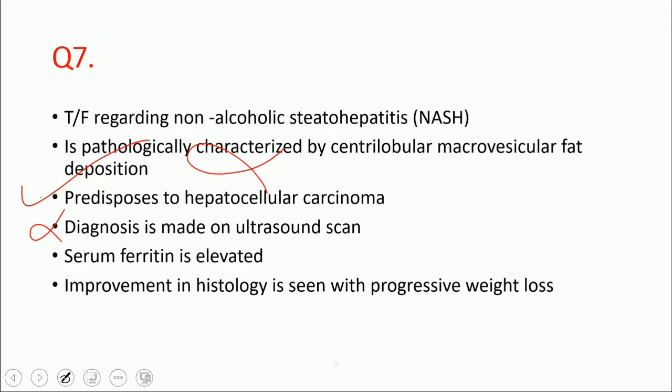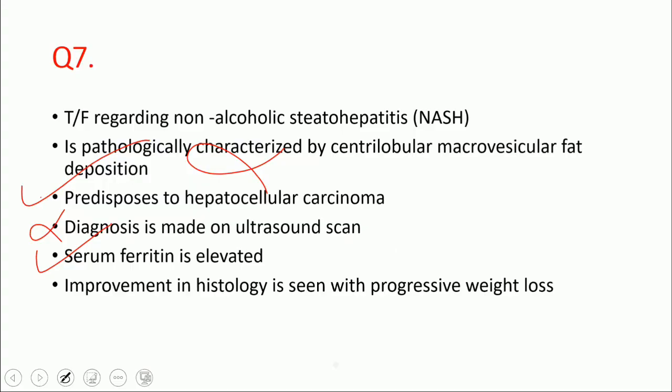Right. Serum ferritin is elevated. Usually in NASH, in all these sort of inflammatory conditions, the serum ferritin can go up, and because it is an inflammation related marker, it is an acute phase reactant.